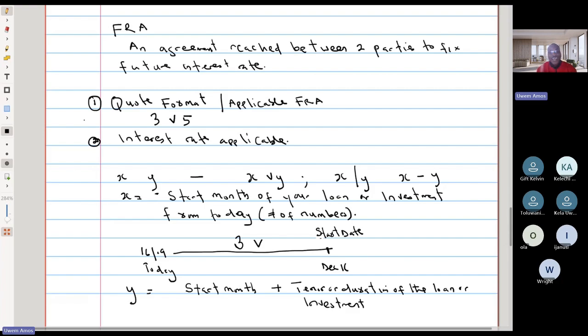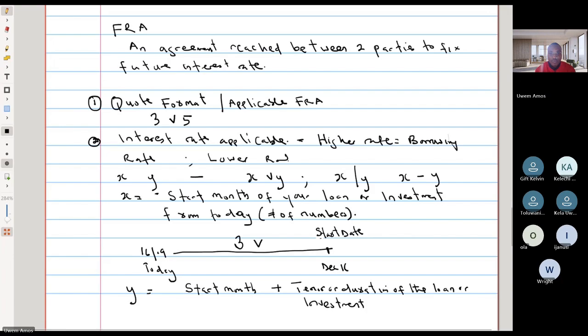And whenever you want to invest, the bank will offer you a lower interest rate. So the rule of thumb for the ICAN SFM exam is that the higher rate is the borrowing rate, and the lower rate is the investment rate.